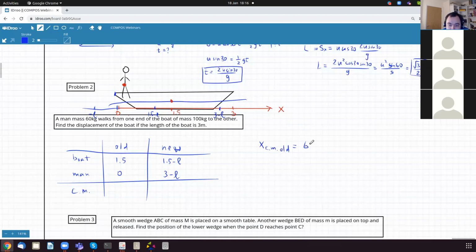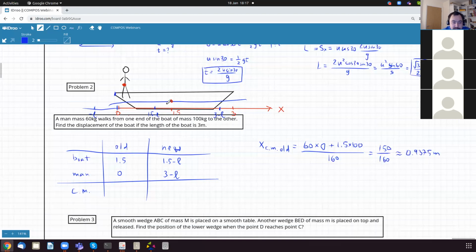is 60 times 0 plus 1.5 times 100, that's the mass of the boat, divided by 160. So that is 150 divided by 160, which is 15 over 16, approximately 0.9375 meters.